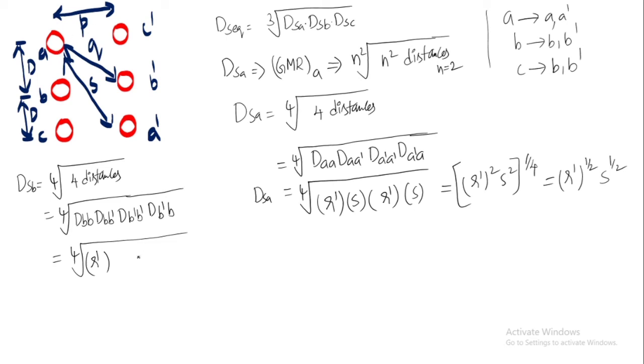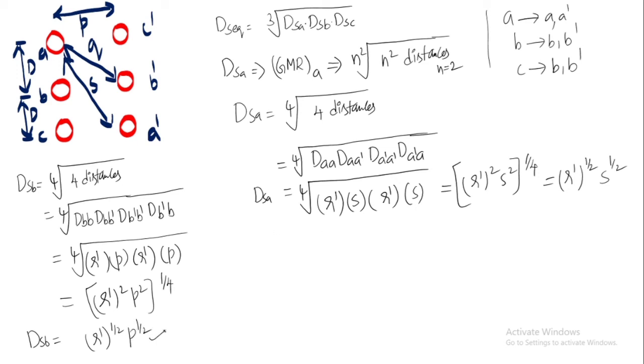P. So P into again R dash into P. So you will get R dash whole square, P square whole power 1 by 4. Now DsB is equal to R dash whole power 1 by 2, P power 1 by 2. This is DsB and this is DsA.